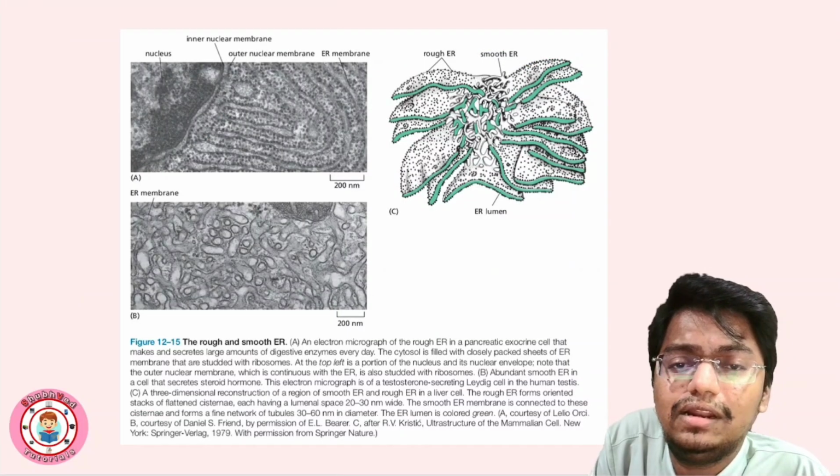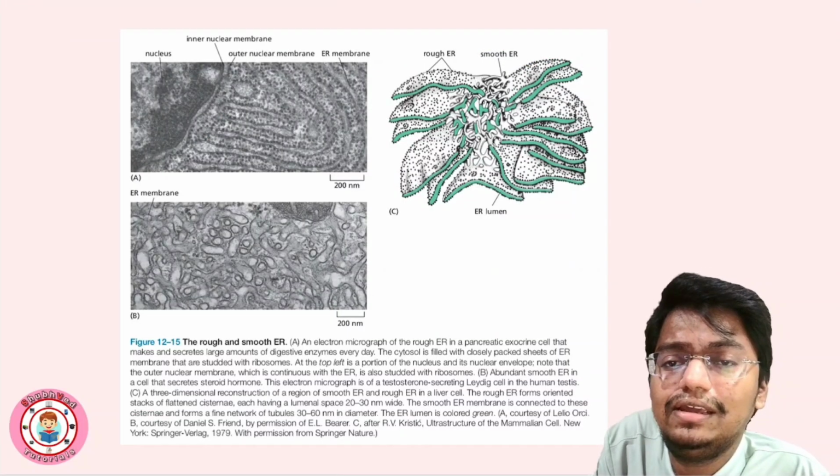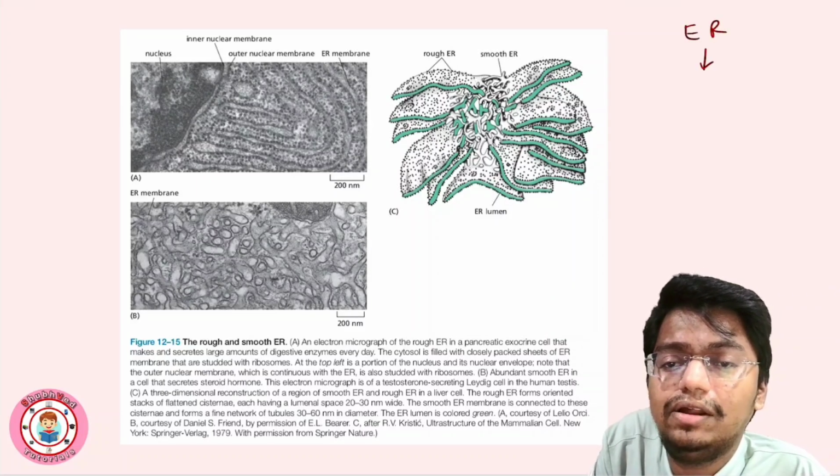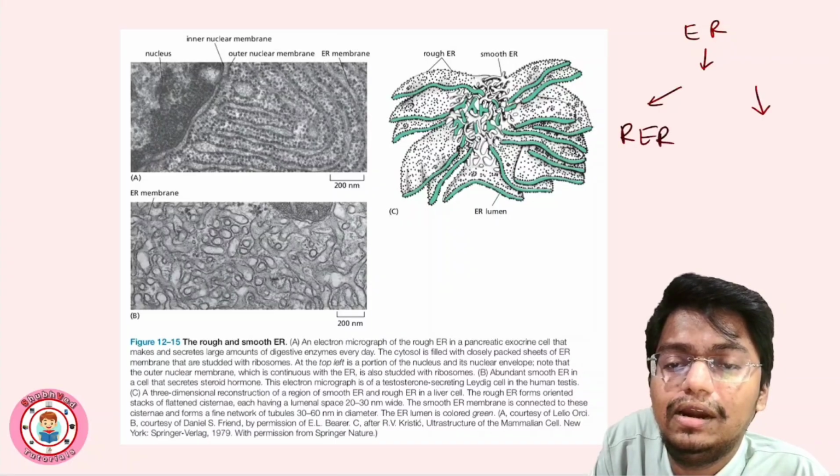Then this ER is basically of two types. Okay, two types: rough ER and smooth ER. Okay, why is this called rough?